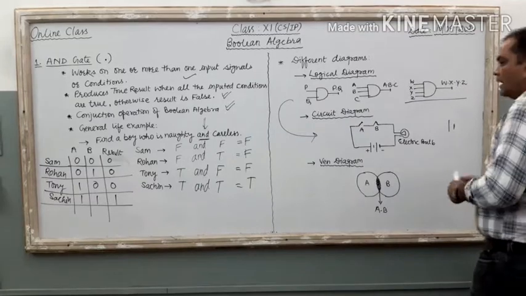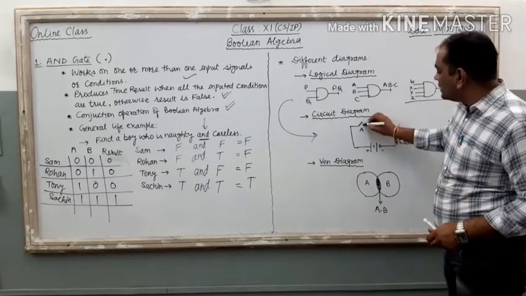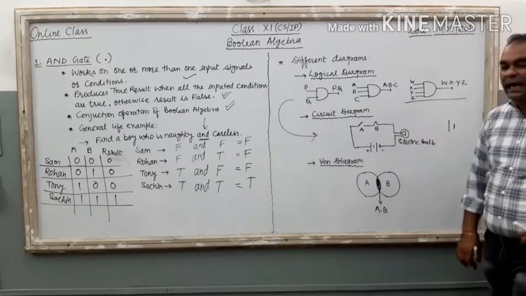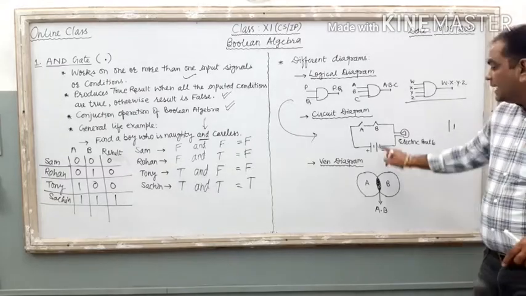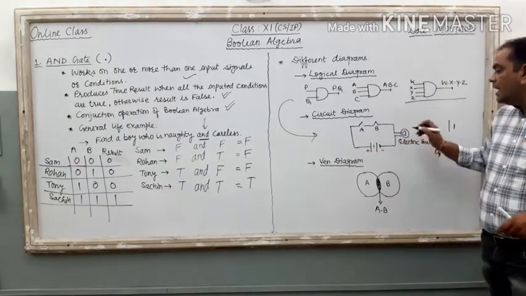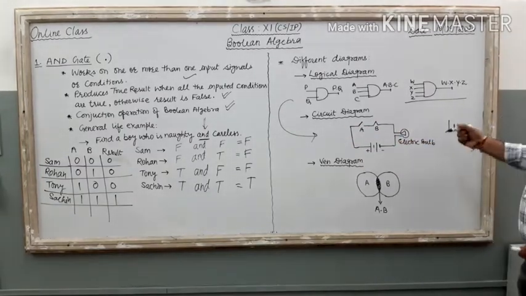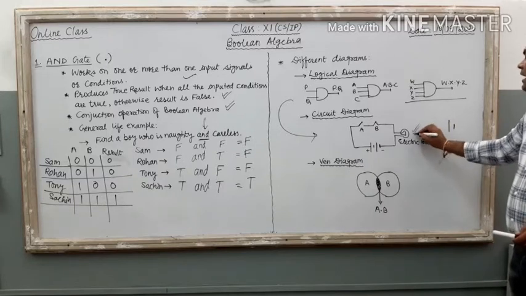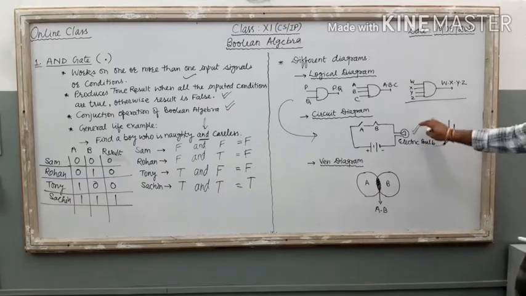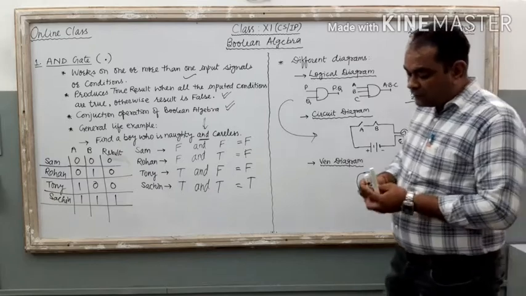Now if I plug this in with both, A and B both are on, then the circuit is completed and the electric bulb is in on condition. So it is known as the circuit diagram of this AND gate.